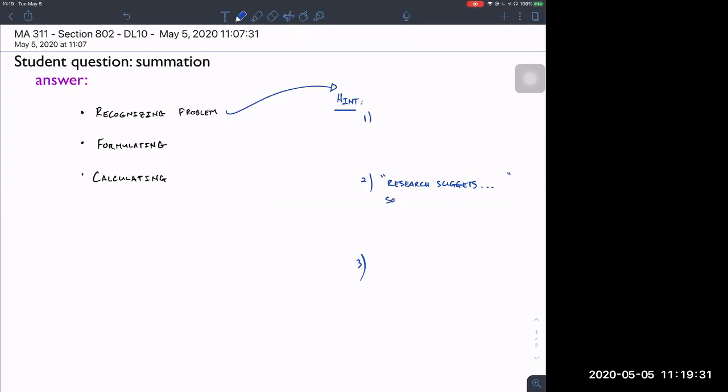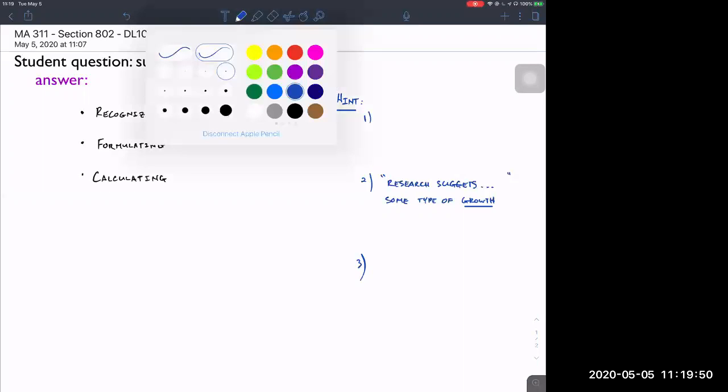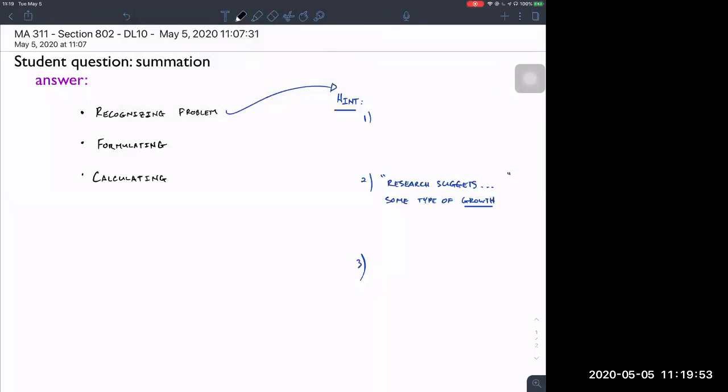In other words, some type of growth. Then you know it's summation, right? And once you recognize that, then you can go, oh, okay, cool. I know that whatever that's going to be driving my income will be summation based, right? I will already do number 1 right here.